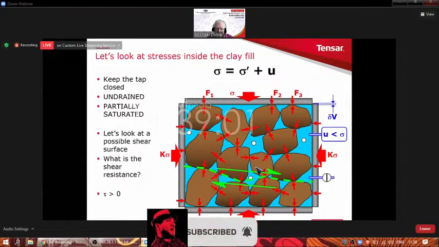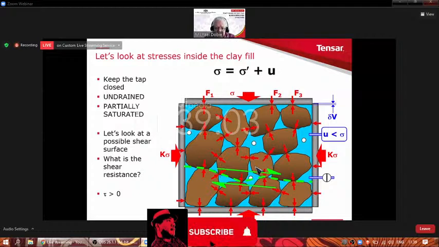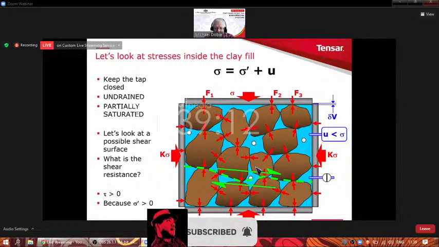So the shear resistance created by the undrained increase in external total stress is something, and that's happened because the effective stress is greater than 0.